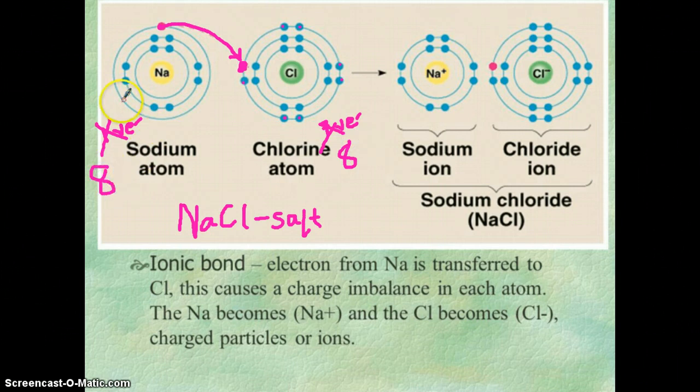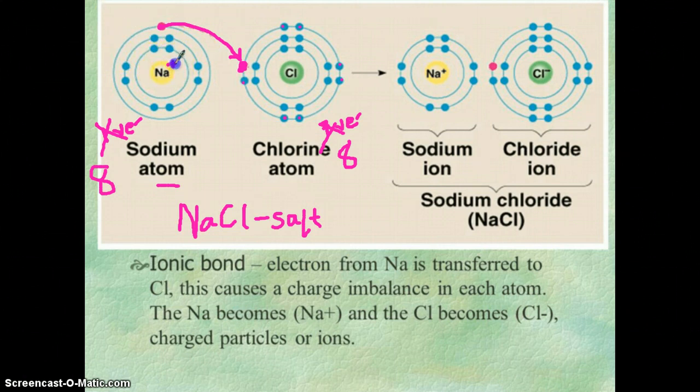And as you can see, sodium ends up with 0 in that outer shell, which makes the actual outer shell kind of disappear, leaving 8 on the inside one. All right, so now we're both happy, the octet rule. If sodium loses an electron, electrons are negatively charged. If it loses one of its negatives, all of a sudden it is no longer neutrally charged. In fact, Na is going to become positively charged.